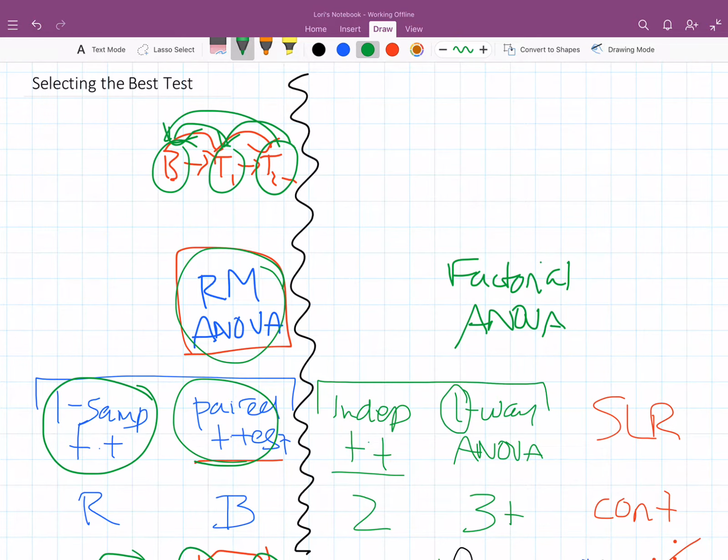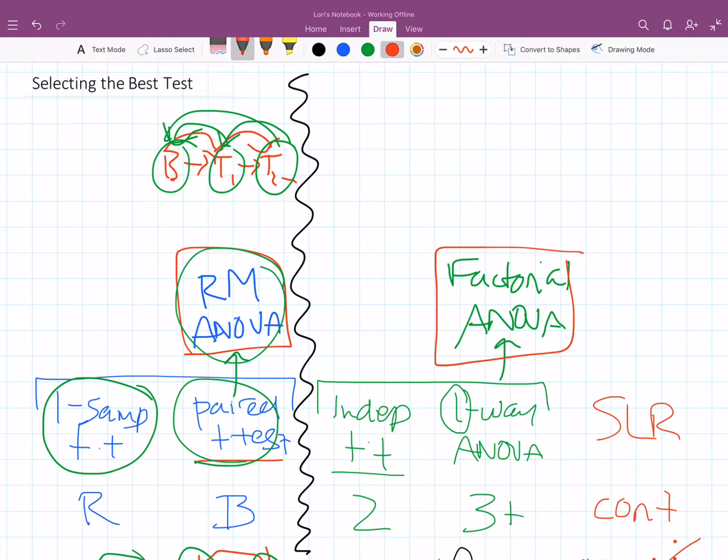You'll have to use your imagination a little bit with that. But basically, factorial ANOVA is an extension of one-way ANOVA, just like repeated measures ANOVA was an extension of a paired samples t-test. So here we have factorial ANOVA.